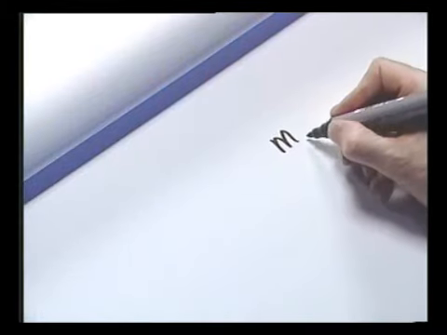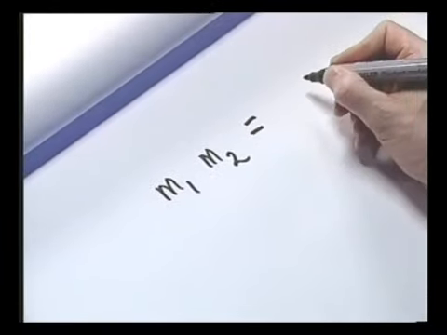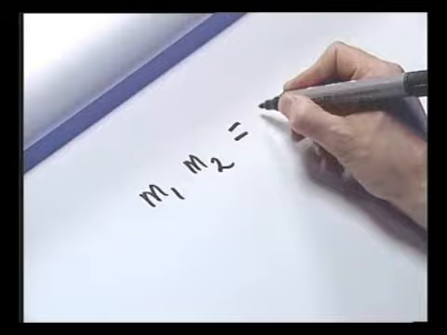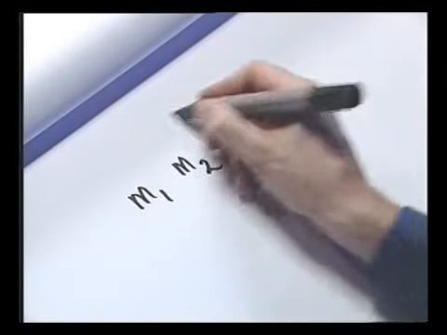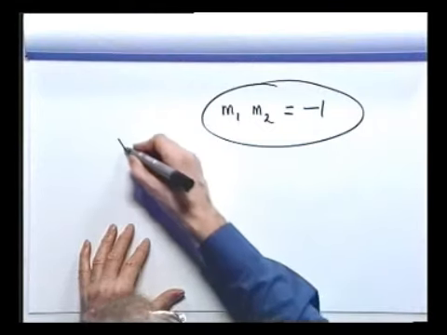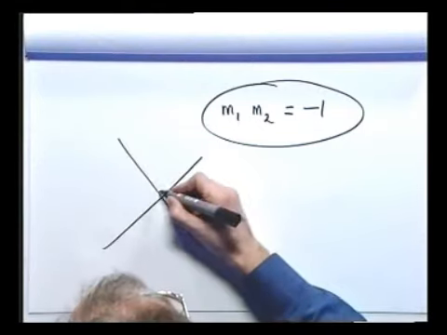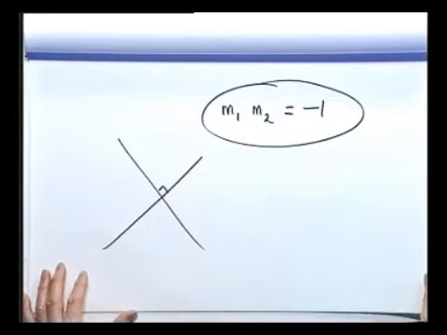And the other relationship that we found was that a normal was perpendicular to the tangent, and that the result of multiplying 2 gradients together where the 2 lines were perpendicular was minus 1. And that's an important relationship when we're looking at 2 lines that are perpendicular, as is the case for tangent and normal.